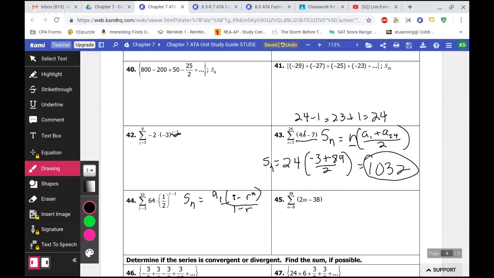So the common ratio is what's in parentheses.